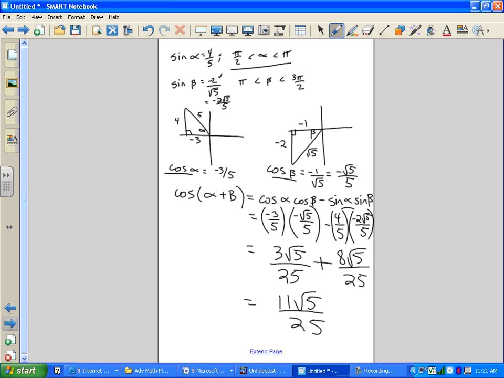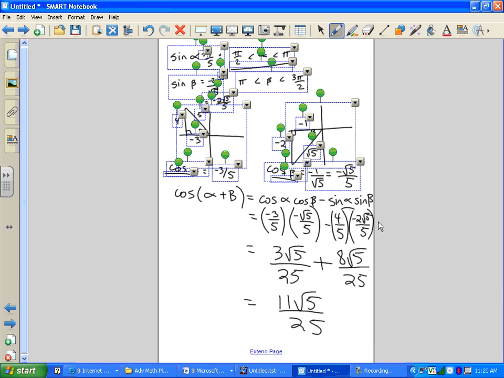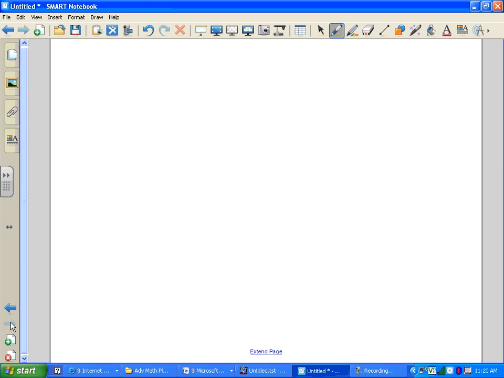Okay, now they didn't ask this particular one here, but for the sake of practice, let's do the tangent of alpha plus the tangent of beta. Okay, so I'm going to copy this, and let me paste it here.